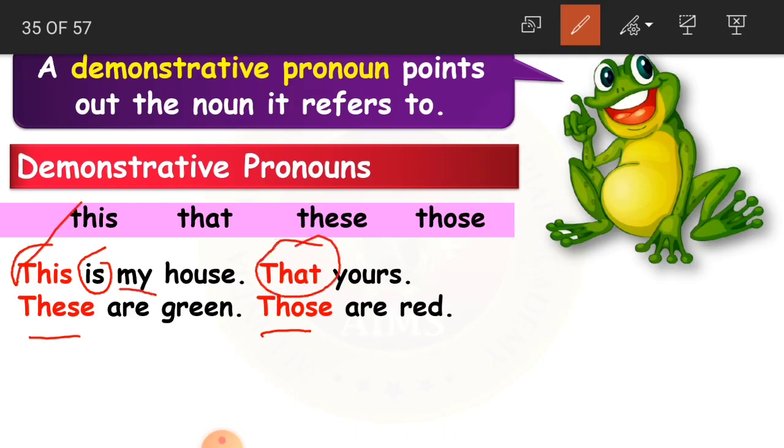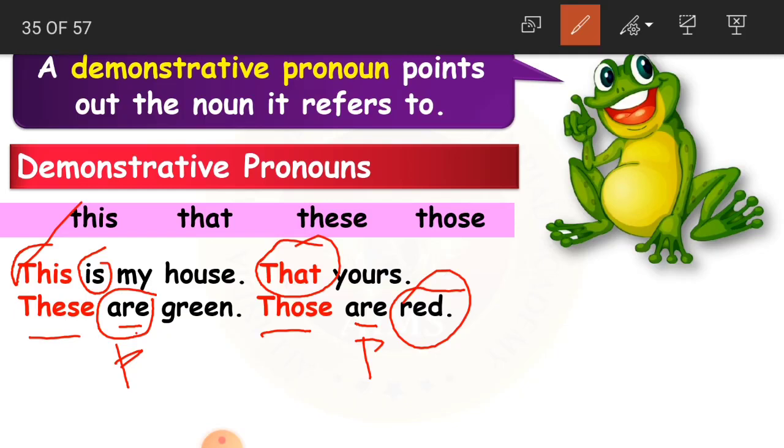When the noun is in plural form, the verb also becomes plural, so that is why are is used here. And these is our demonstrative pronoun. Even those refers to a plural noun. That is why these, those. Okay, clear, children?